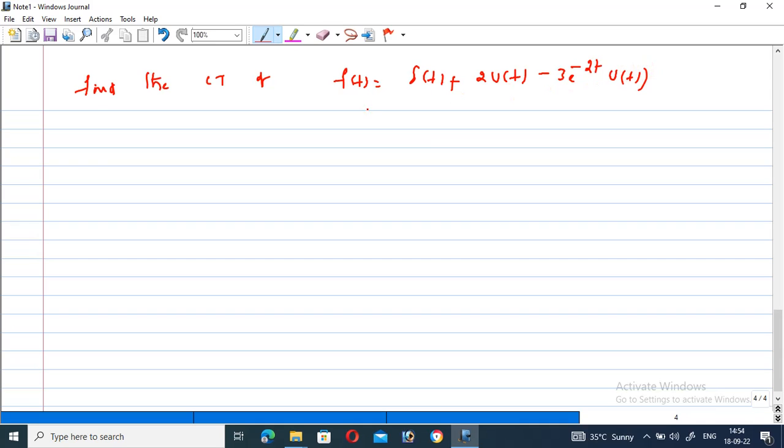So you have all the formulas, so just apply Laplace transform to the above equation. The Laplace transform of f of t is equal to F of s. Laplace transform of del of t is equal to 1, plus 2 into Laplace transform of u of t, which is 1 by s, minus Laplace transform of e power minus 2t into u of t.